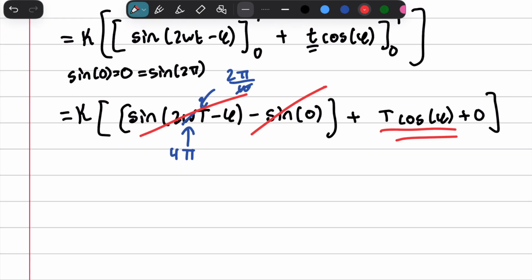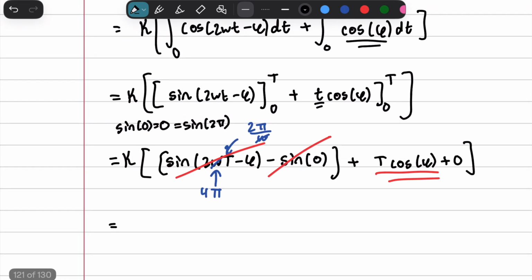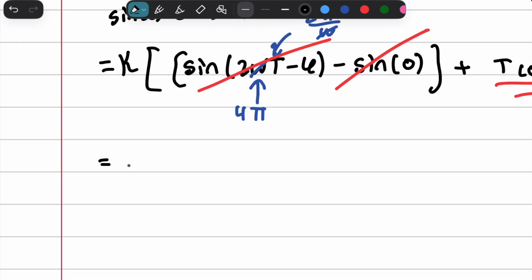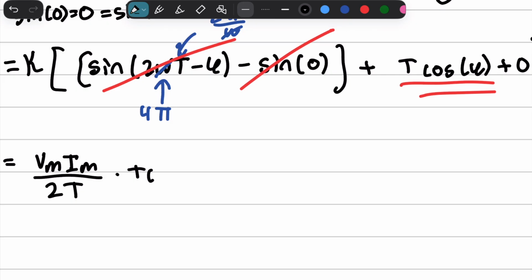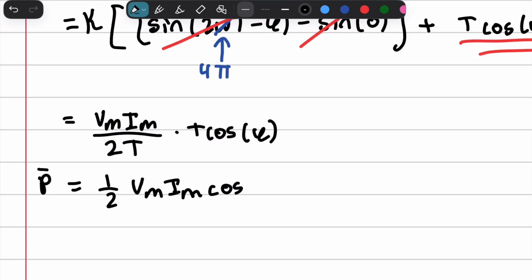T cosine phi. And so we can go back to our k, which was just Vm Im over 2T times T cosine phi. And here we have officially derived a general form for the average power, which is 1/2 Vm Im cosine phi.